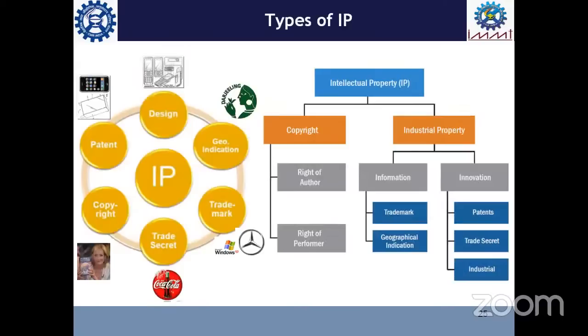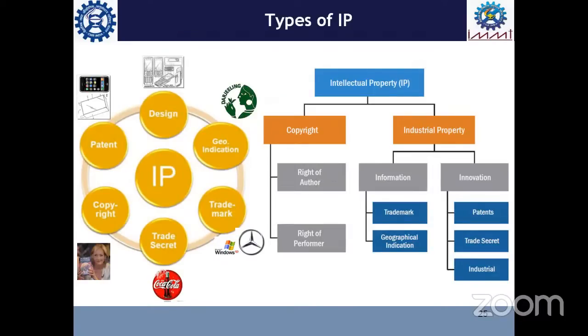And here is the classification of different types of IPs. Broadly, it is of two types: copyright and industrial property. Copyright refers to the rights of the author and rights of the performer, whereas industrial property depends on two major aspects. One is information, the other one is innovation.